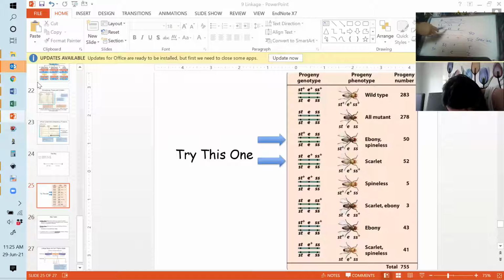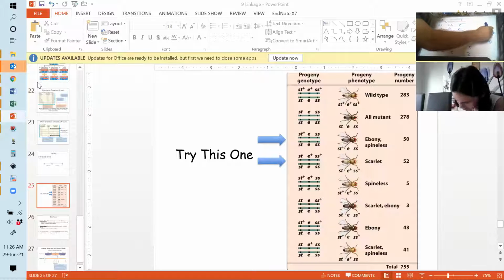Now you come back to your board and it's usually fairly obvious which are the reciprocals, because they have pretty similar numbers, as you'd expect. But even if not, you can double check. What's the opposite of scarlet? It's going to have two mutant phenotypes, because instead of just scarlet and plus plus, it's going to have plus and spineless and ebony. So then you go look for spineless and ebony, and that's the 50.